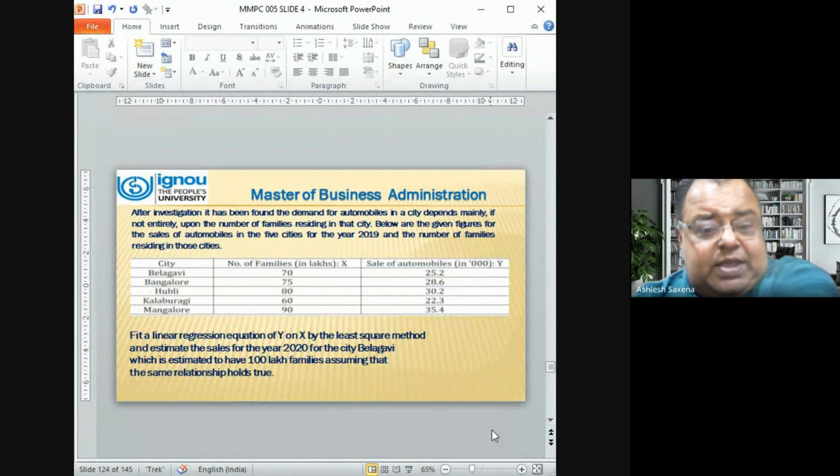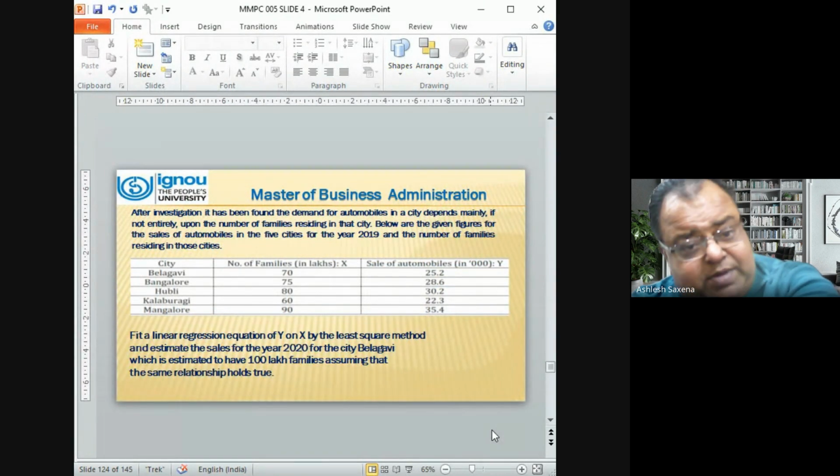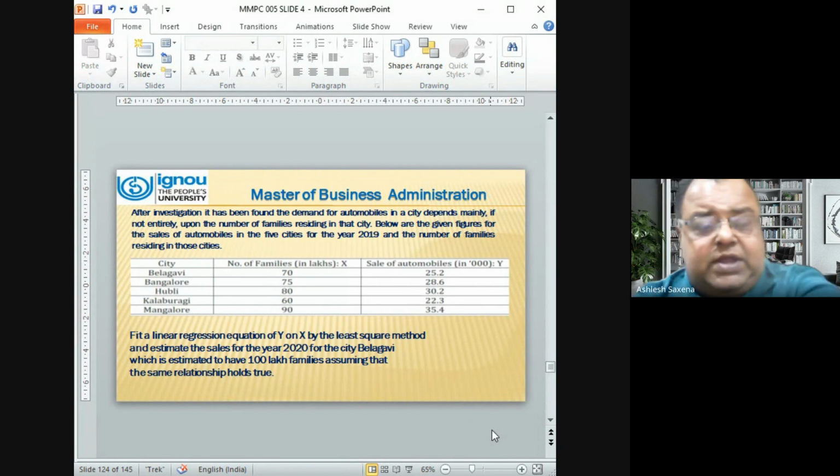Now we are going to solve a problem, that is, we will be estimating the future value. See, after investigation, it has been found that the demand for automobiles in a city depends mainly, if not entirely, upon the number of families residing in that city.